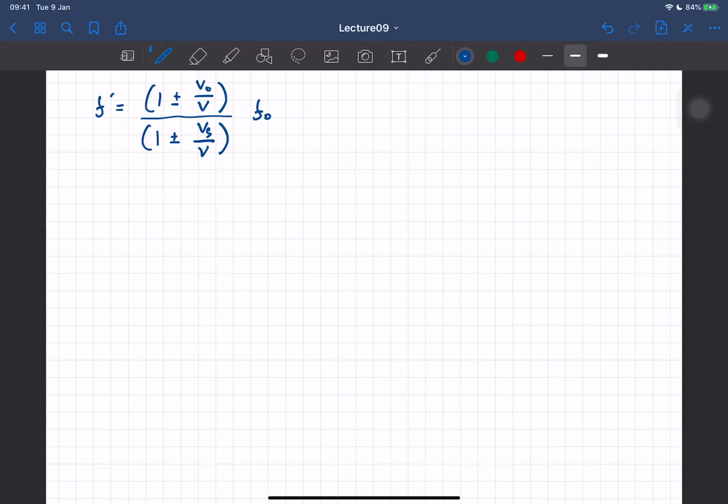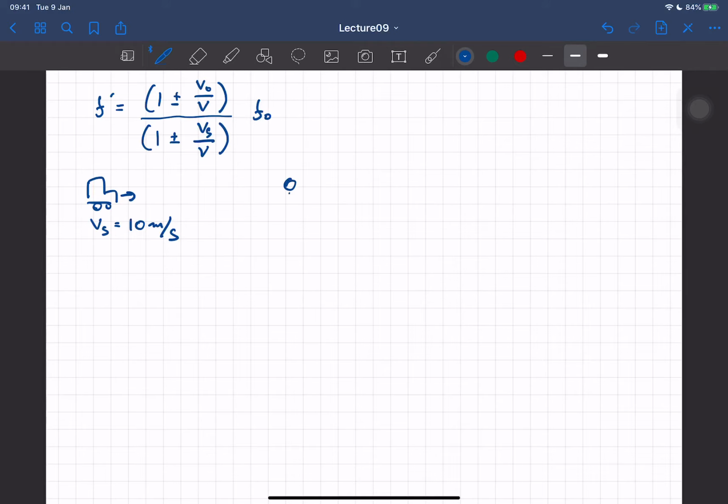So how do you use this kind of formula? Let's look at an example again. For example, we have the ambulance, which is moving to the right. And let's say Vs, the source velocity, is moving to the right at 10 meters per second, okay?